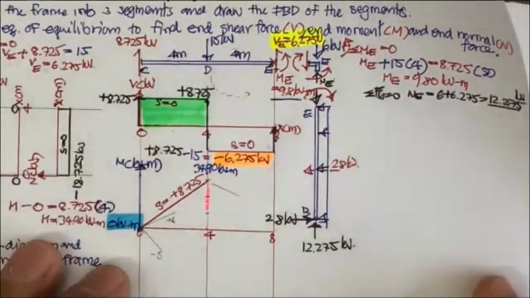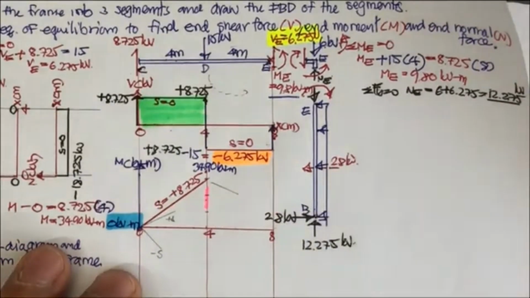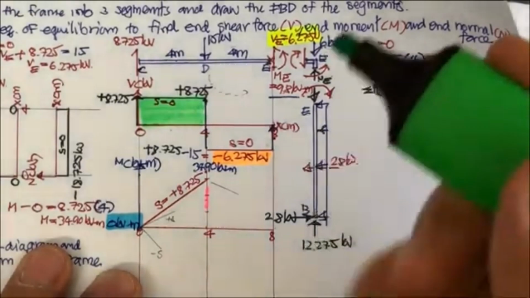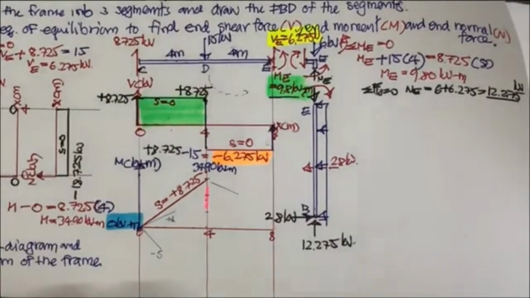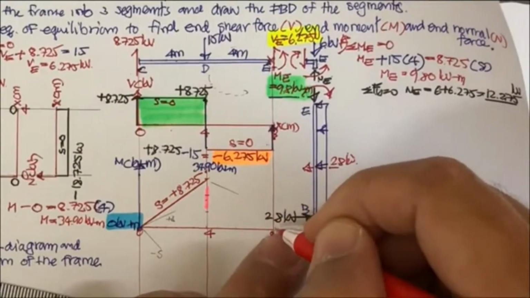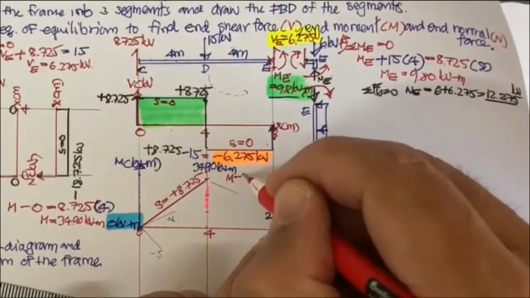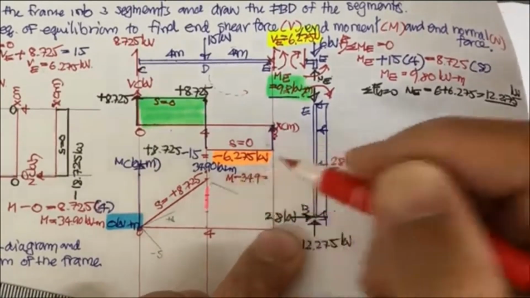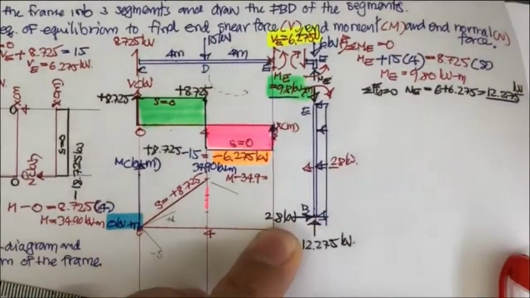And what is going to be the moment here? You know it already. The moment here is 9.8. But if you'd like to check, M here minus 34.9, M after minus M before, is going to be equal to the area here, and the area here is negative.